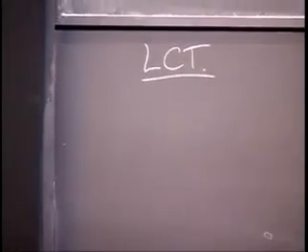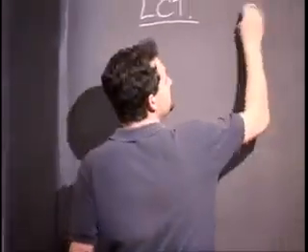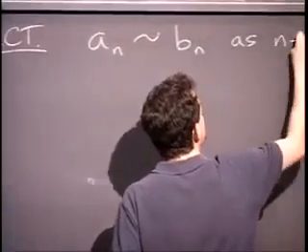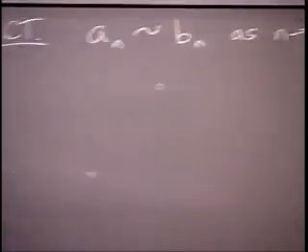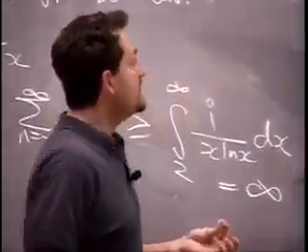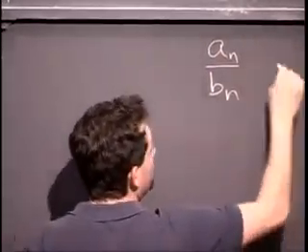The limit comparison test, to set this up, we need a twiddle notation. We need the concept of an twiddle bn as n goes to infinity. Okay, what should that mean? If an actually equals bn, then the ratio an over bn would actually equal 1.